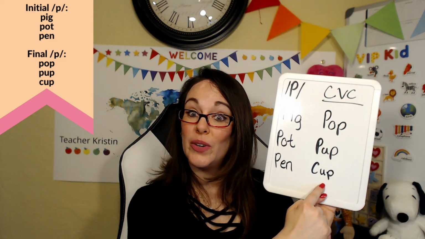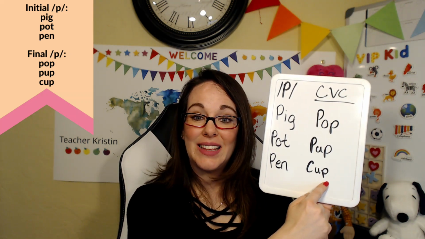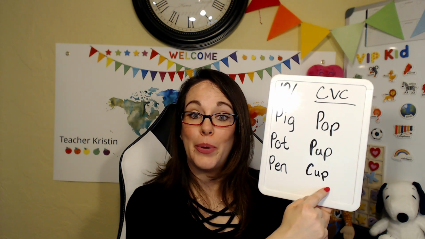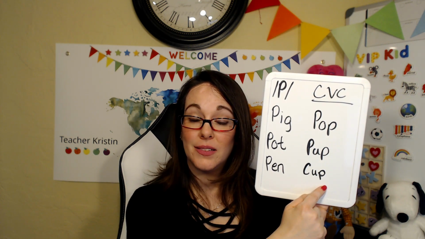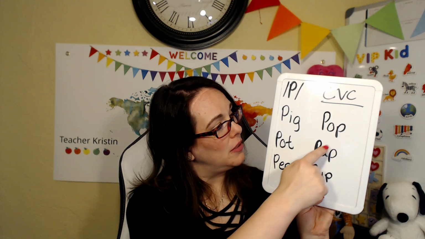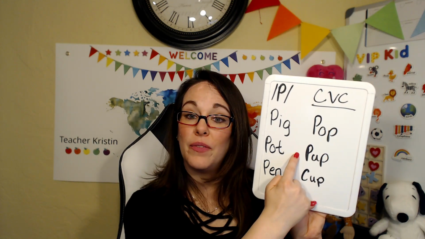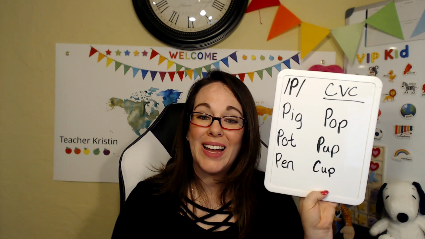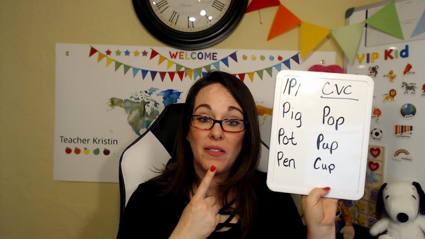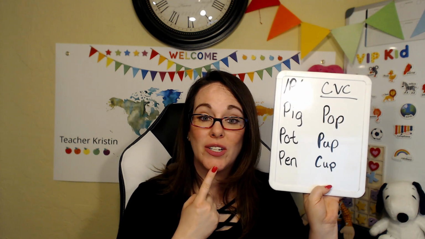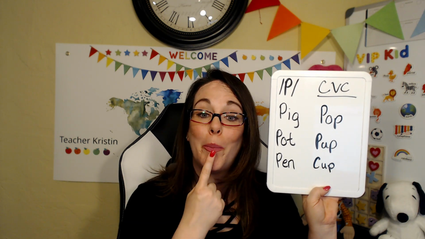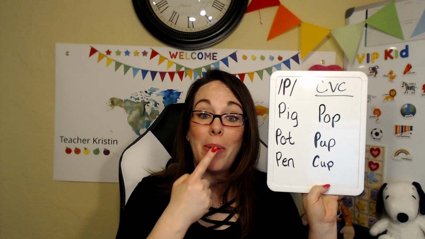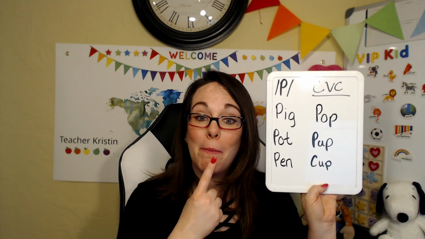But you'll see over here that it is at the end of the word. So we have cup. I do have a couple of words on this list that have the sound at the beginning and at the end of the word, which adds added repetition of that sound and articulation movement. So pop, pop, or pup.